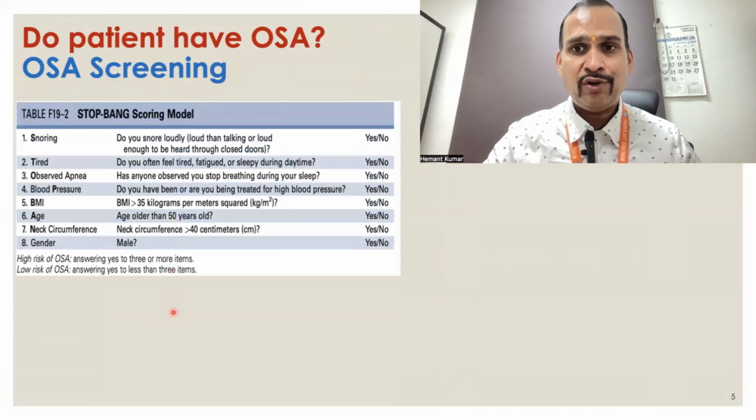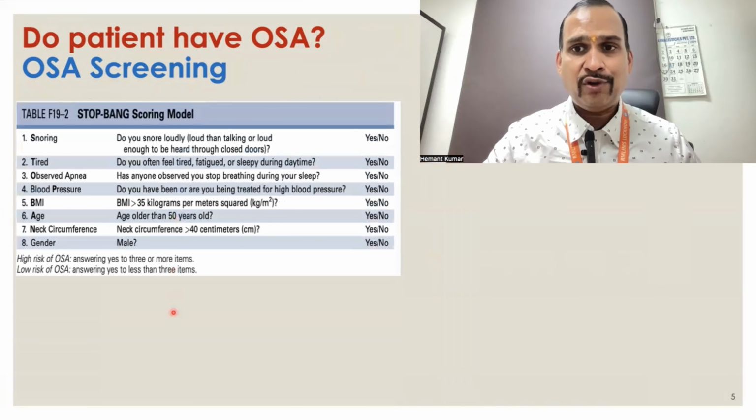Now, if you are doing a sleep study, what are the things you are expecting from it? What parameters should a sleep study tell? In a sleep study, we can find sleep architecture. When the patient is sleeping, what is the sleep latency?